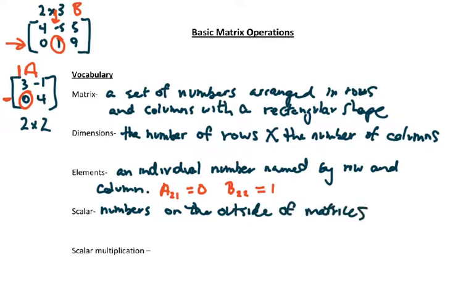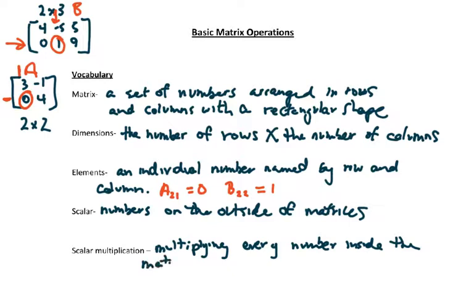And the goal of the scalar is to multiply every number inside the matrix by the scalar. So whatever number is on the outside of a matrix, we would multiply every number inside the matrix by that number. We're going to have examples of that here in a minute. I just wanted you to have the definitions before we went into this lesson.